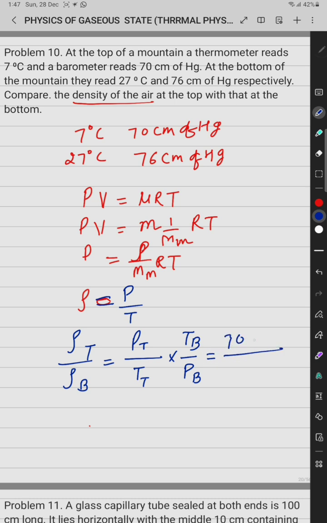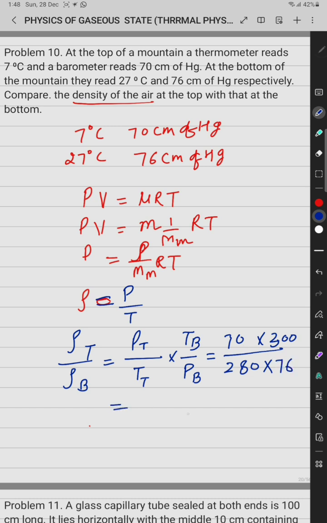Top pressure is 70 centimeter of mercury, and the temperature at the bottom is 273 plus 27, it is 300. Temperature at the top is 7 degrees, means it is 280, and the pressure at the bottom is 76 centimeter.